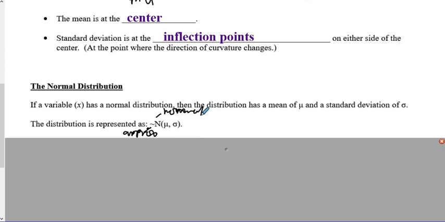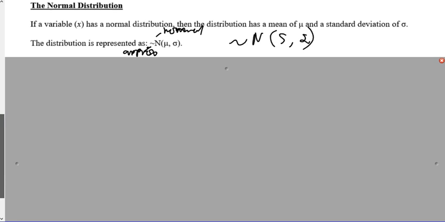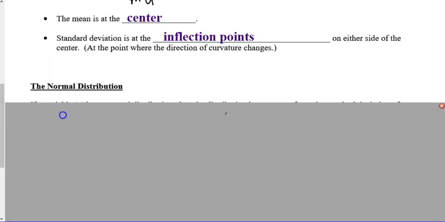That's the word normal. And if I give it to you like this, let's say approximately normal 5, 2, that means the mean is 5 and the standard deviation is 2. That's all that means. It's just a layout for us to recognize what information is given to us.